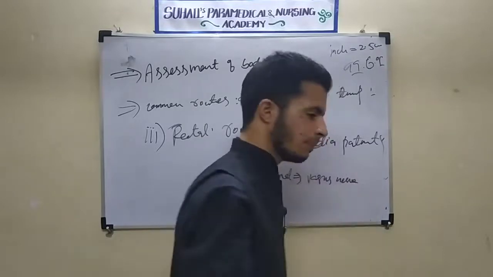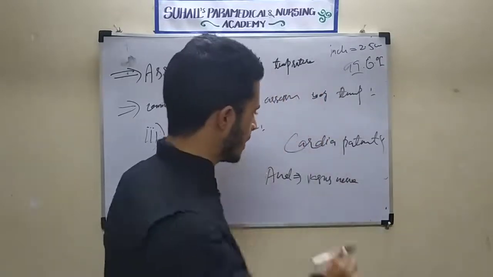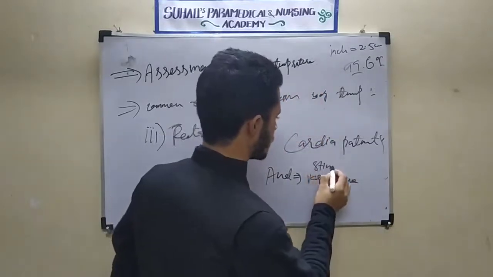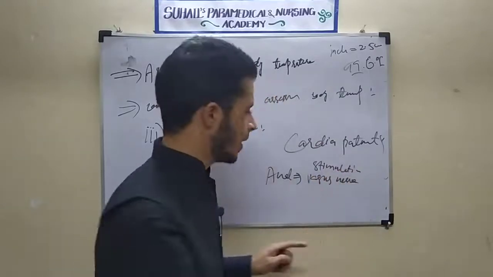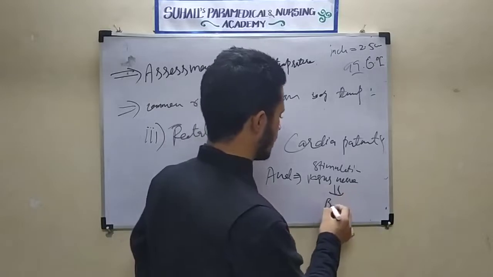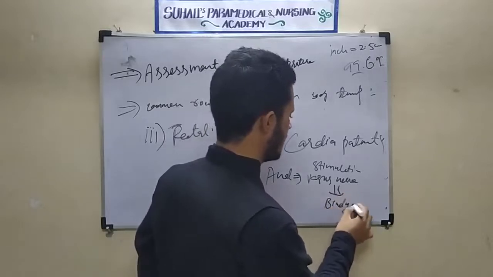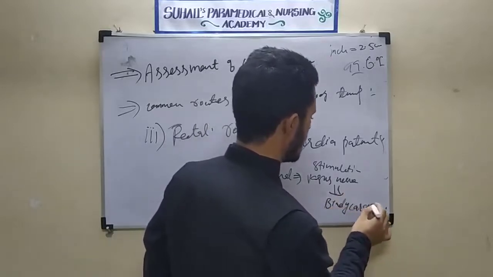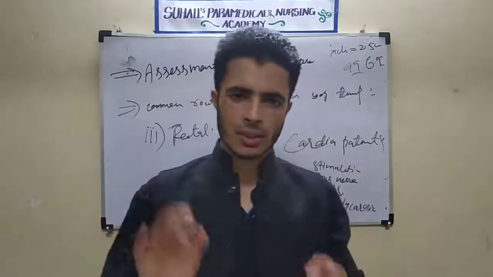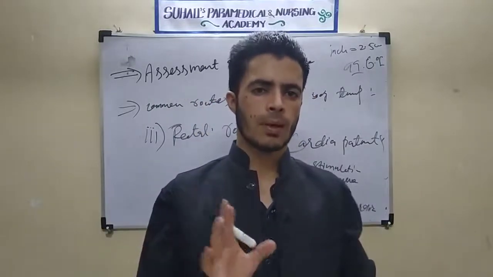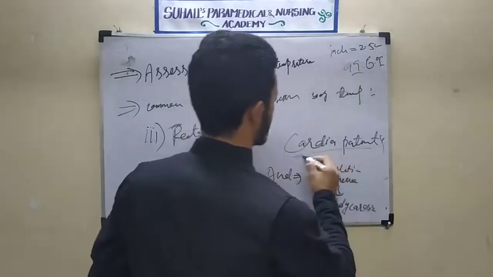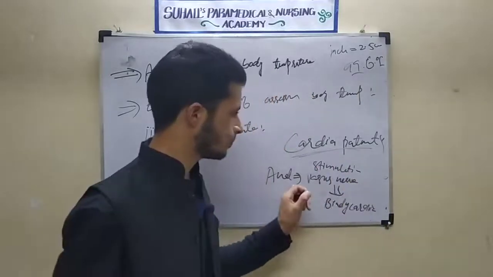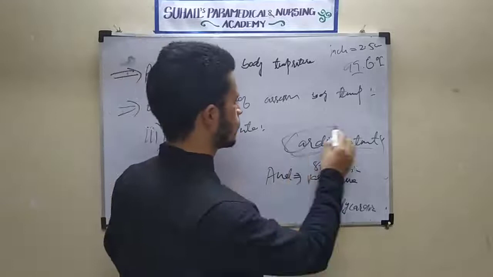When we are putting the bulb into the anus, there may be stimulation of the vagus nerve. When there is stimulation of the vagus nerve, it can lead to bradycardia. What is bradycardia? Bradycardia means a decrease in the heart rate from the normal value. So we should not use it for a cardiac patient.